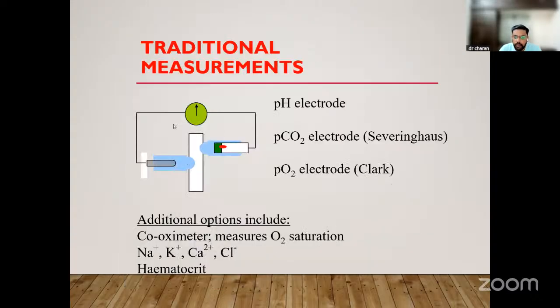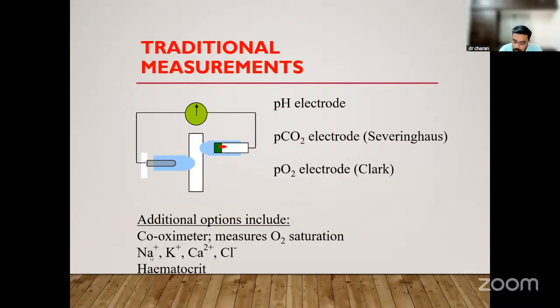So these are the components in the ABG machine, usually a pH electrode, PCO2 electrode, and PO2 electrode. Based on the electrodes, the machine measures these values. The additional option is oximetry, which gives you different types of hemoglobin, like methemoglobin, carboxyhemoglobin, oxygenated and deoxygenated hemoglobin, all those things.